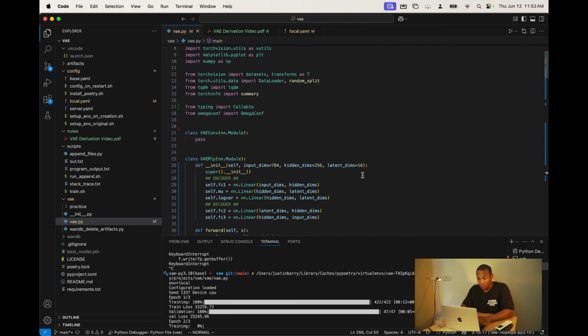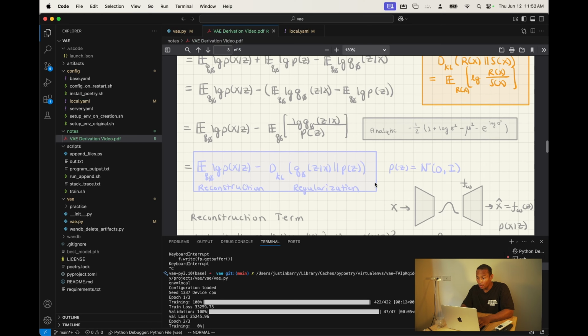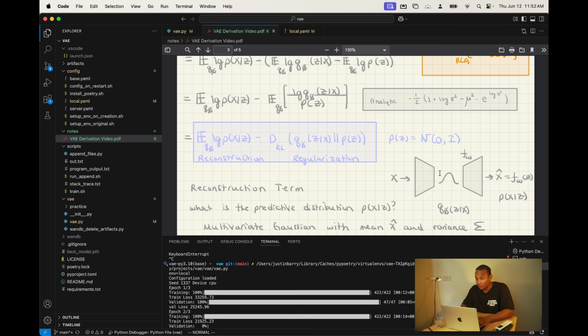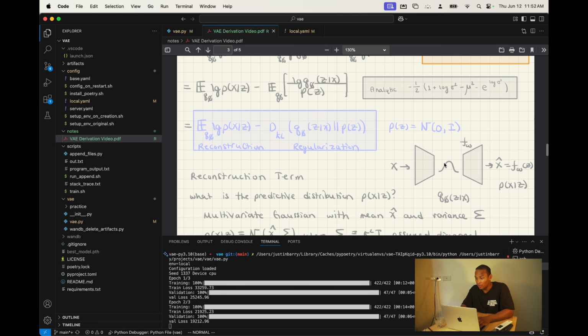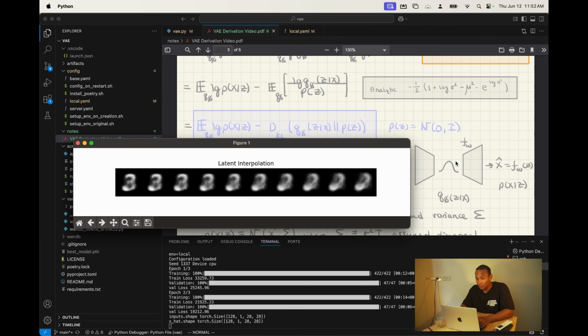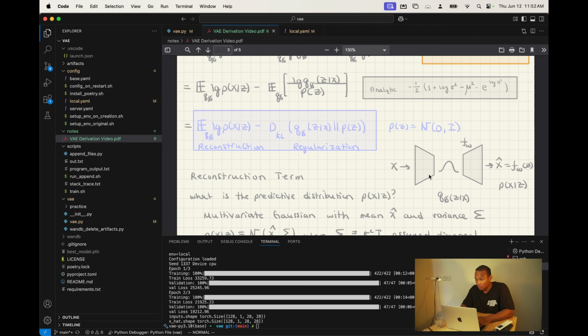All right, we have our autoencoder. It takes in an X, sends it through some stacked linear layers, and outputs latent vectors mu and sigma. We reparameterize and send it through some stacked linear layers in the decoder.